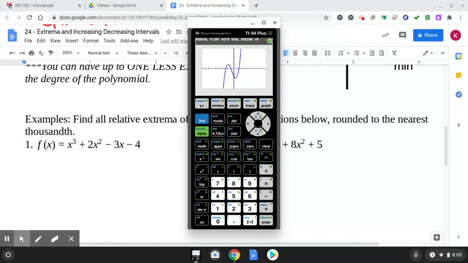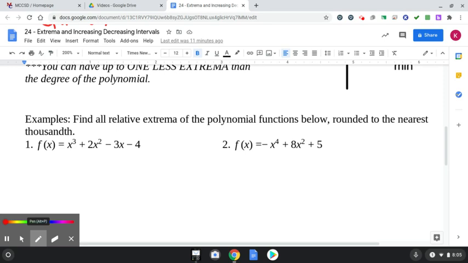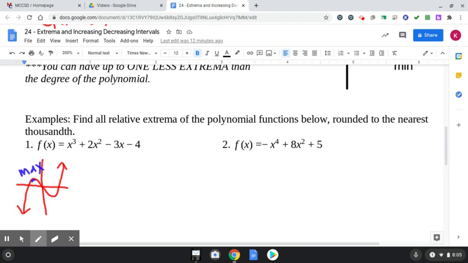So I am just going to, on my paper, draw a little sketch of it. So this looks something like this. So on this, we have one max, right? That's a max, and one min. Doesn't matter which one you find first.